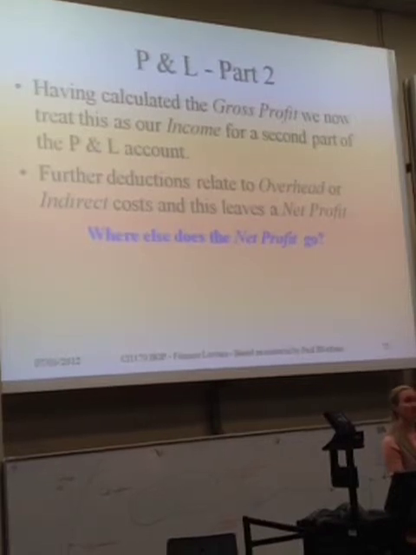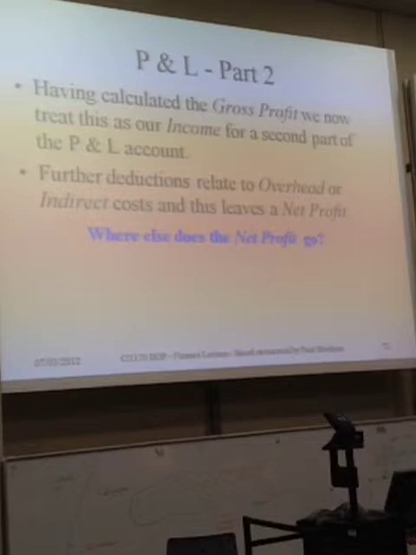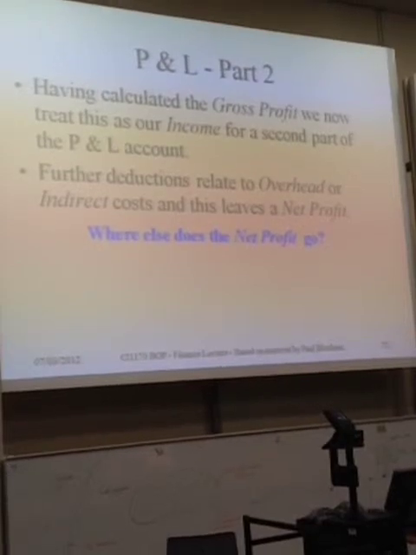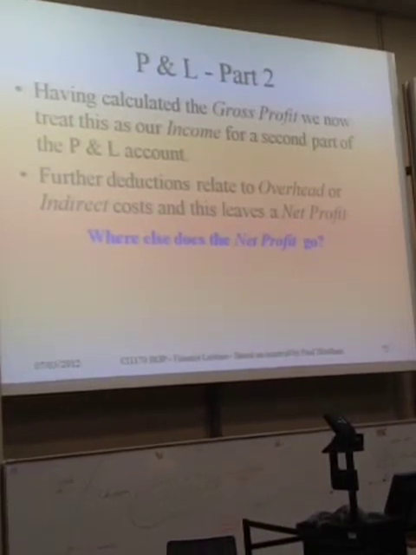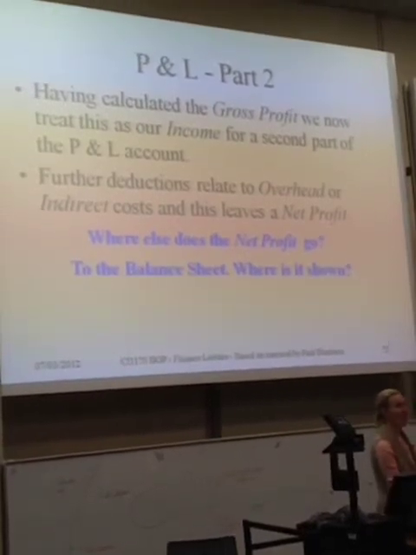So where else does the net profit go? Can anybody remember? Balance sheet. Yes, at the bottom. To whom does the net profit belong? Shareholders. Guys, I think you on this side are a little bit reticent, so a bit louder this side. Where is it shown?